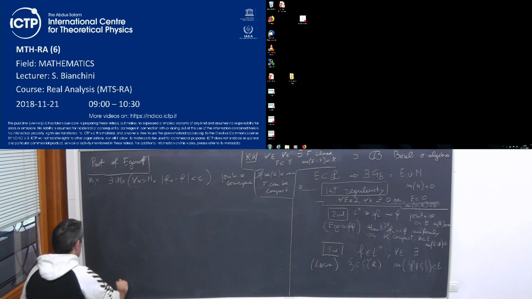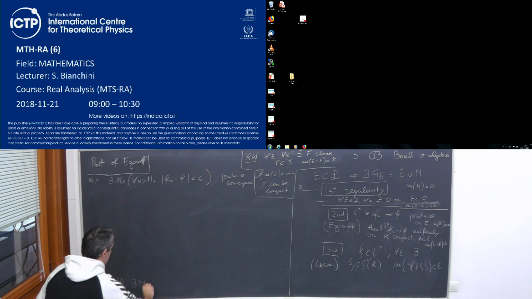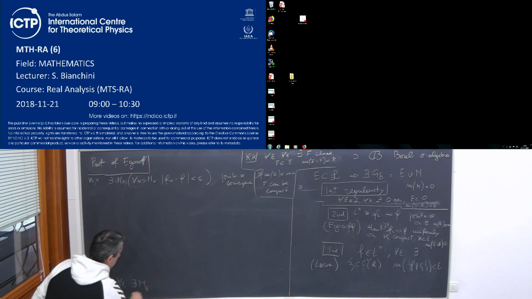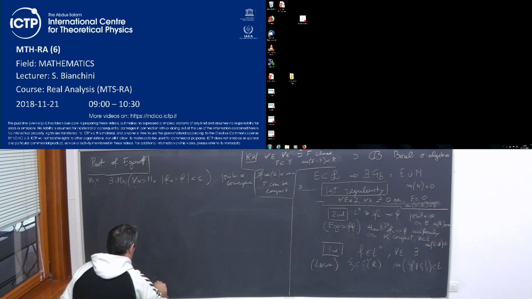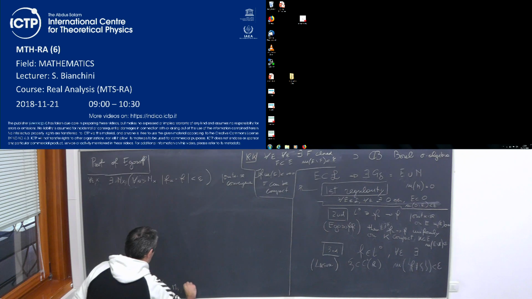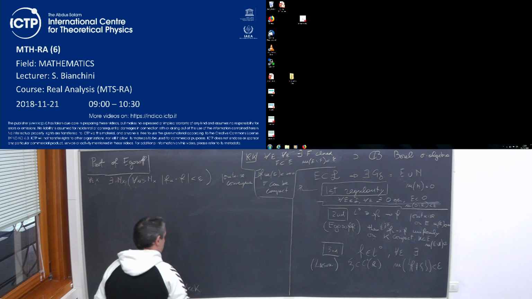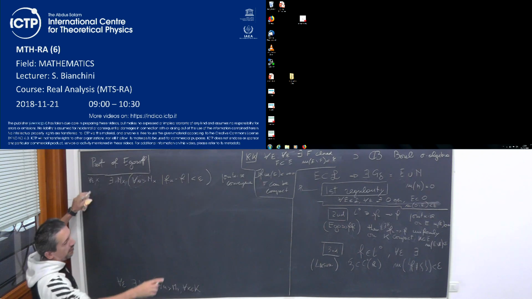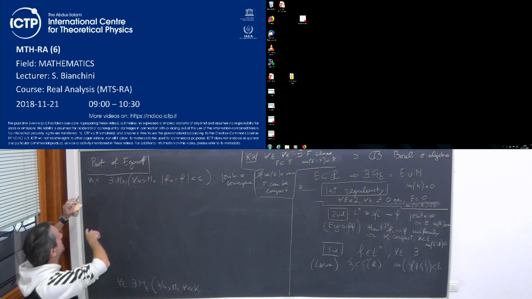The uniform is that for all delta, there exists M, let's say M of delta, which depends only on delta, such that for all n greater than M of delta, for all x in this subset, fn of x minus f of x is less than delta. Sorry, I made the same mistake as before, because I have epsilon there and this is another parameter.